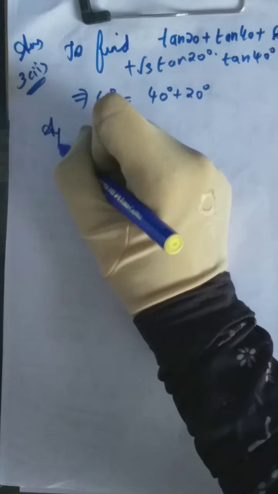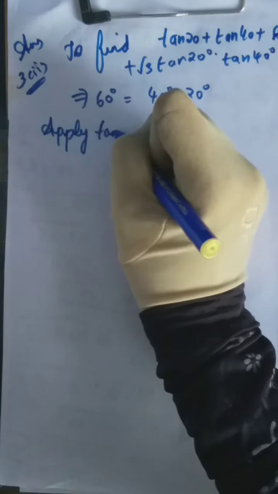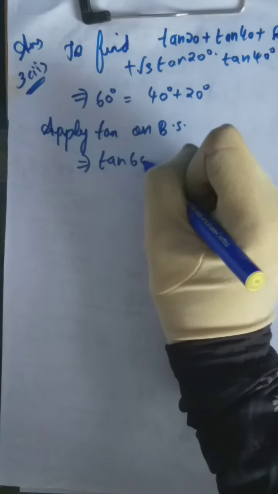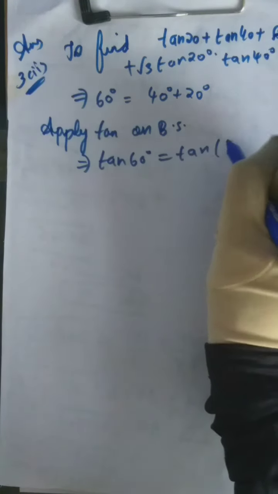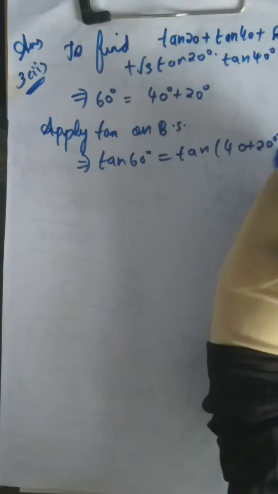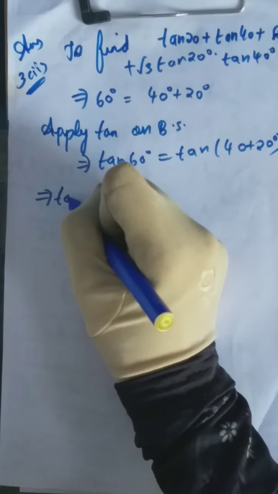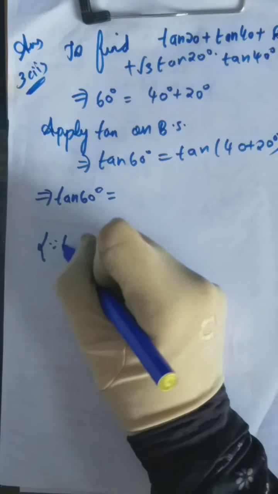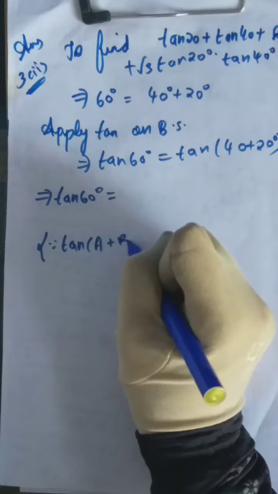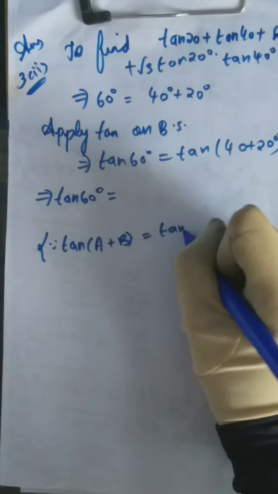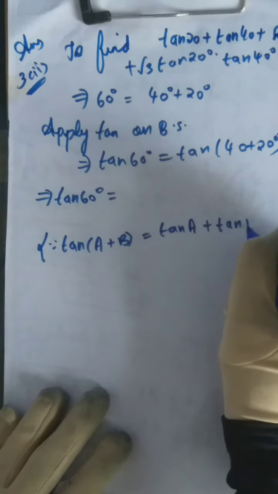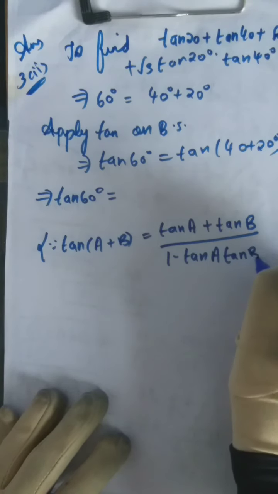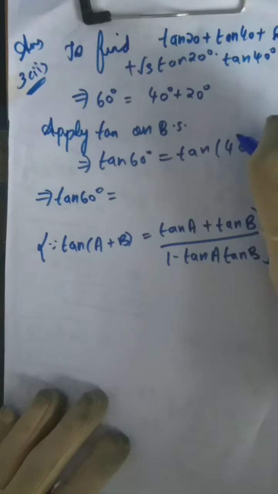When we apply tan on both sides, it becomes tan 60 is equal to tan of 40 plus 20. Now we'll write tan 60 as it is. The right side is of the form tan(A plus B), and we know the tan(A plus B) formula is tan A plus tan B by 1 minus tan A tan B. Here A is 40 degree and B is 20 degree.